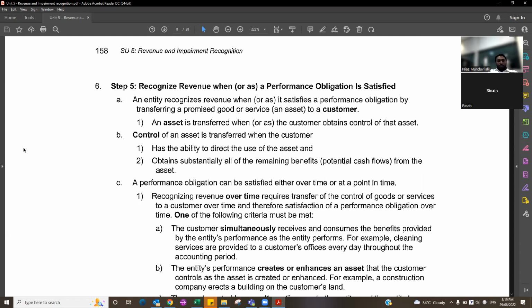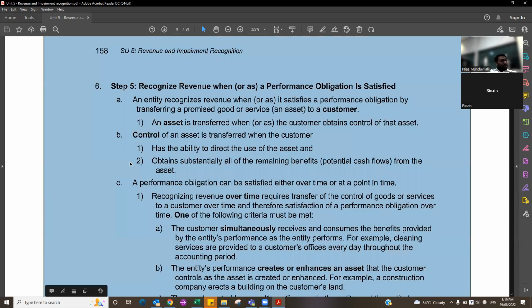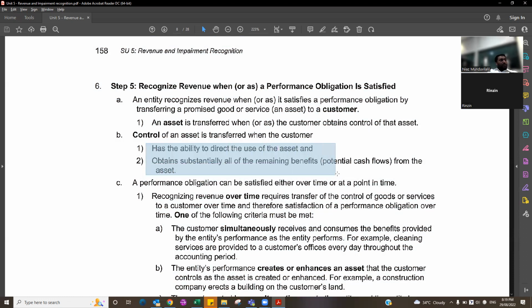For example, you might have seen on YouTube, someone purchased a BMW car. It is having a lot of problems. He takes the car to the ground, puts petrol, and sets it on fire. He can do it because it is his property. BMW can't sue him. Maybe the municipality can catch him for pollution, otherwise the company can't do anything because he is the owner. So that's the ability to direct the use of the asset. I can do whatever I want with this.